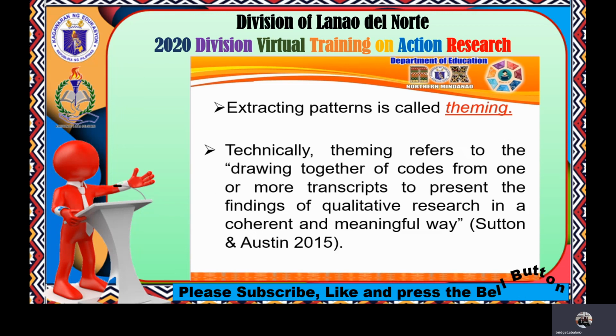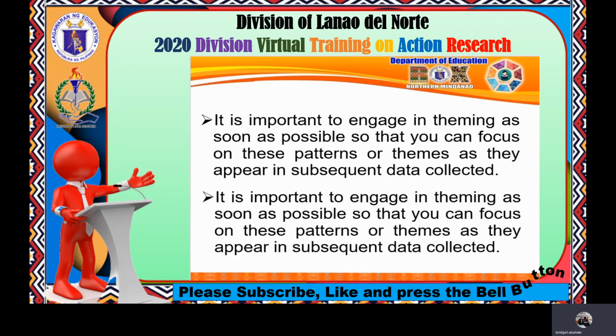It is important to engage in theming as soon as possible, so you can focus on the patterns as they appear in subsequently collected data. Out of this theming, you can get an idea of how you are going to discuss the categories or themes.